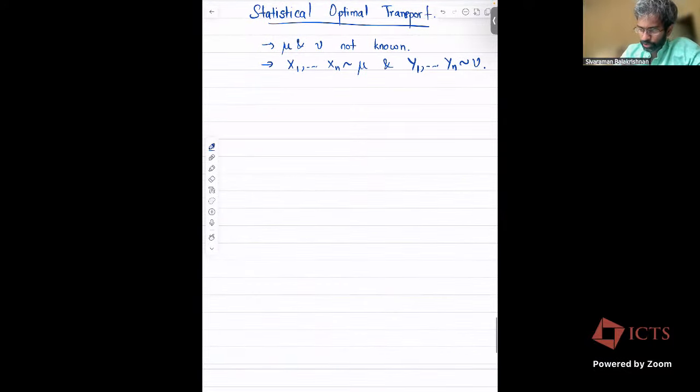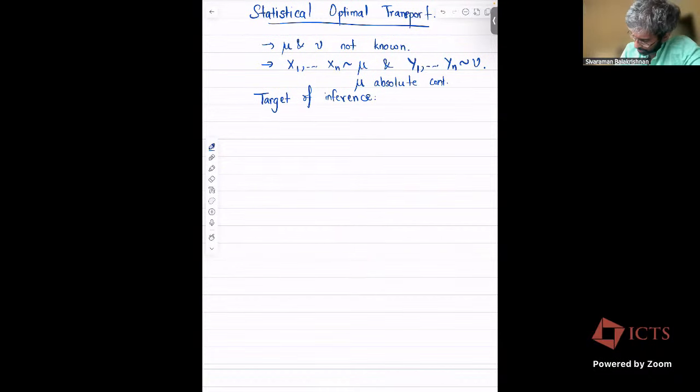And now the question is just, how well can I estimate various things? So what are reasonable or interesting things to try to estimate? I'll list a few now. So we will typically make the assumption that mu is, say, absolutely continuous.